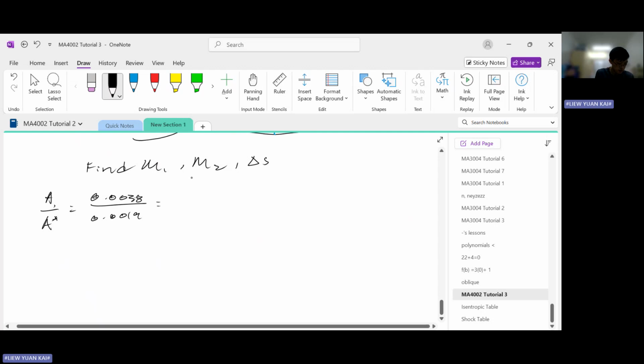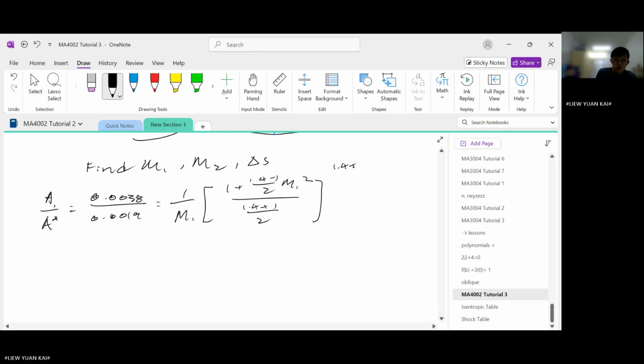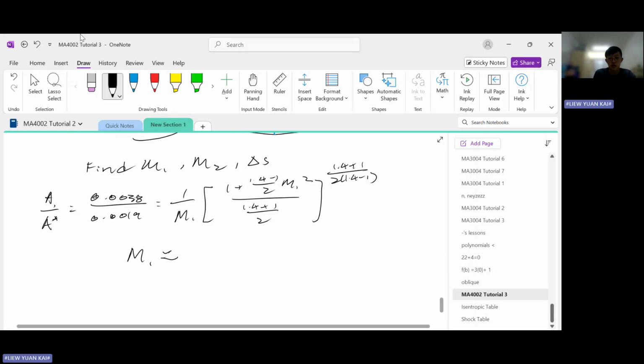Then the formula states that 1 over M1 is equal to the gigantic fraction. So how to solve this? Well, you can use your calculator. Let me show you how to do this.